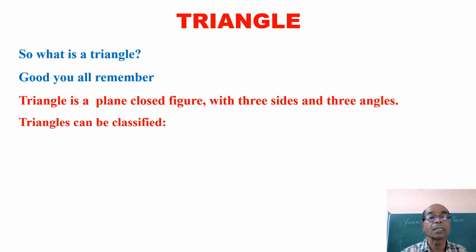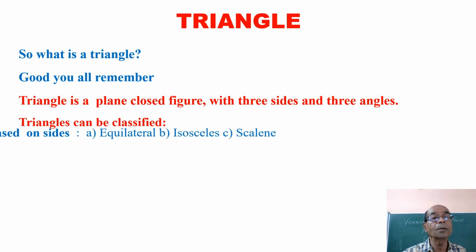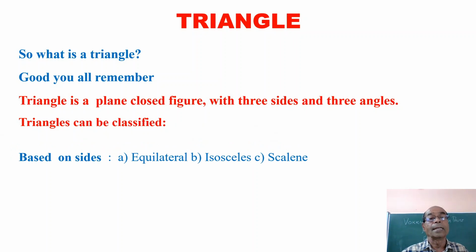Triangle can be classified according to its sides. When we say based on sides, it is equilateral triangle, isosceles triangle, and scalene triangle.